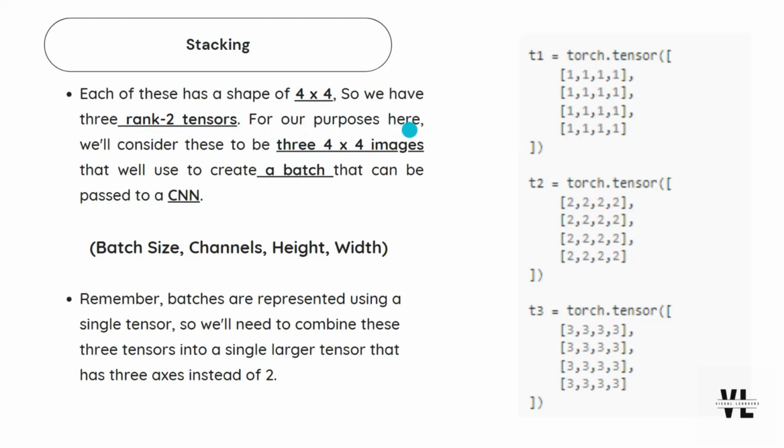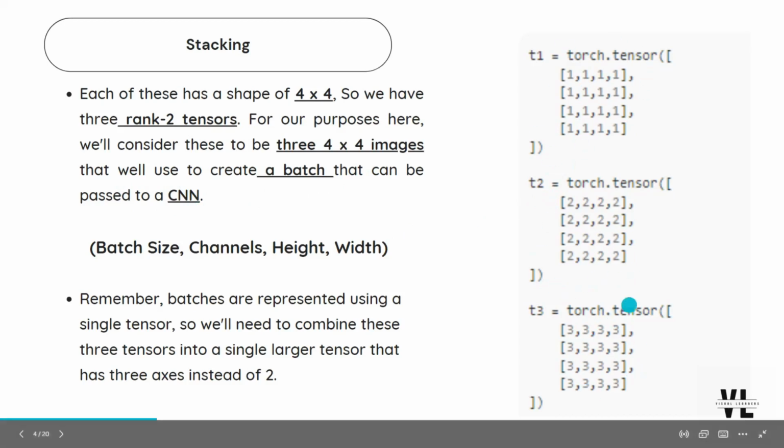For our purposes here, we will consider these to be 3 4 by 4 images that we will use to create a batch that can be passed into a CNN. So you can consider this to be 3 images with a dimension of 4 by 4.